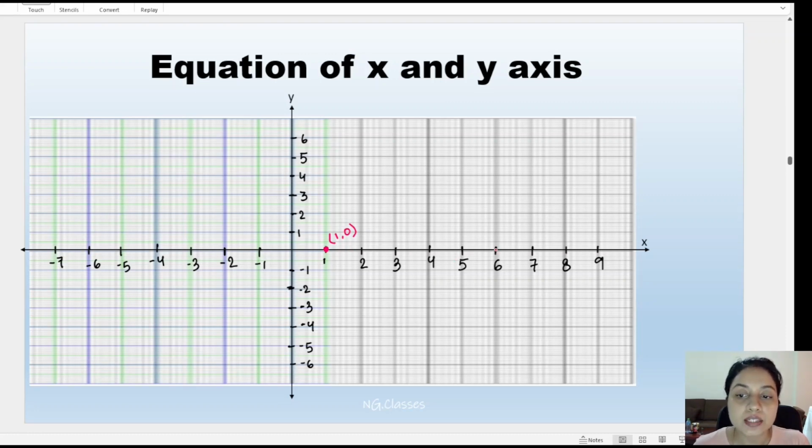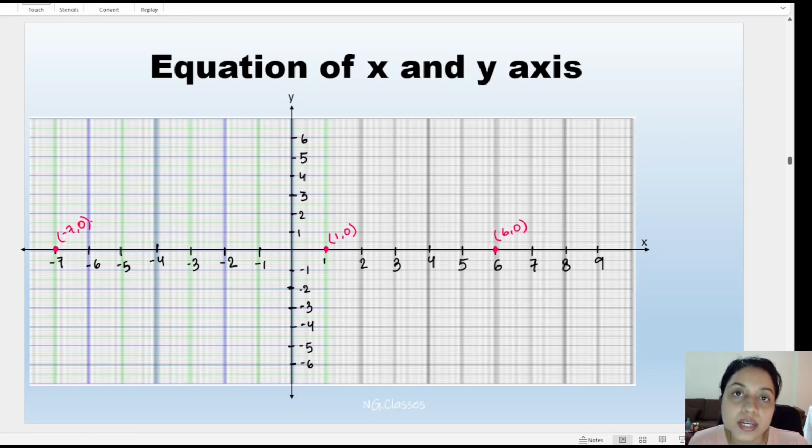Similarly, if we take any other point on x-axis, that is at 6, this point's coordinate will be 6, 0. X value is 6 and y value is 0. Similarly, if we take any point on the left hand side of the origin, let's say at -7, this point's coordinate will be -7, 0.